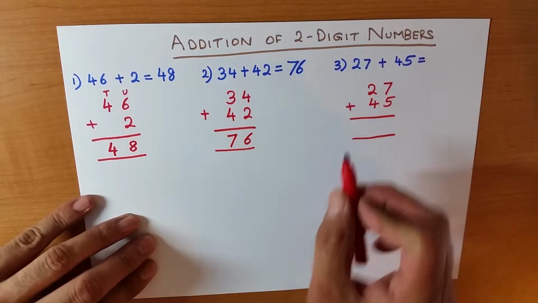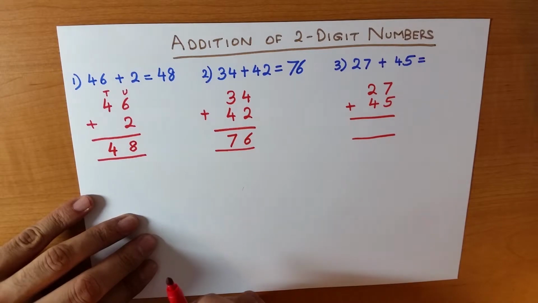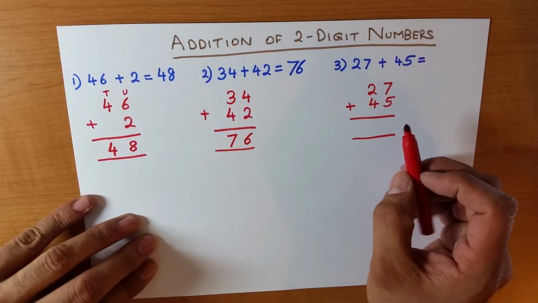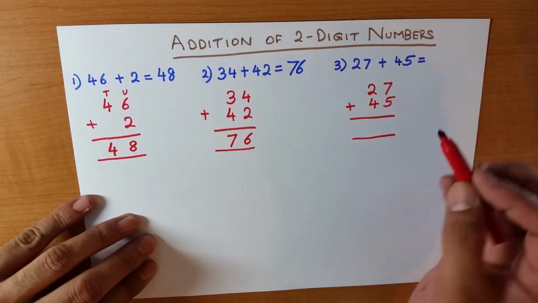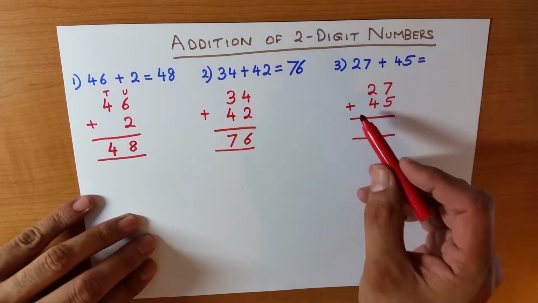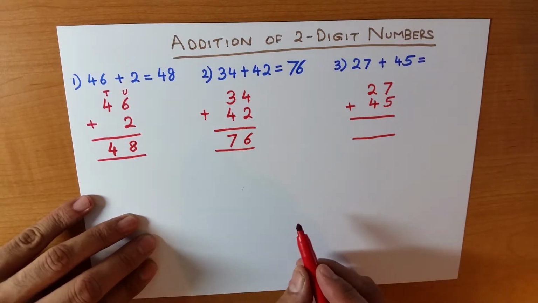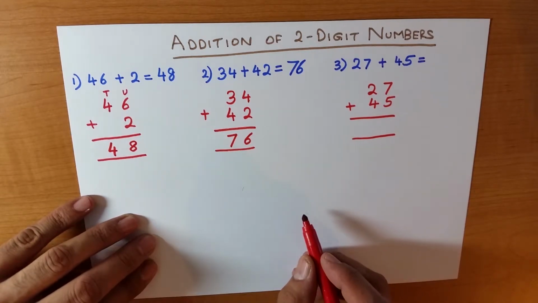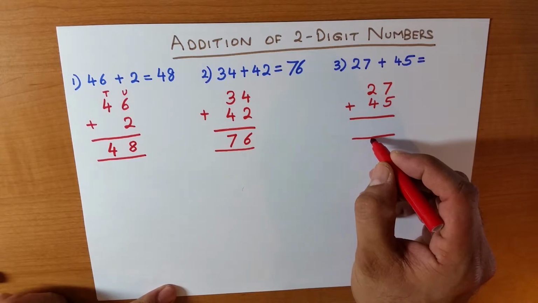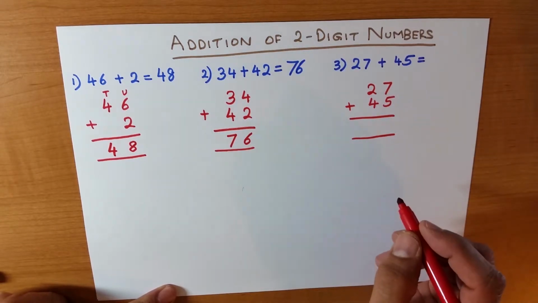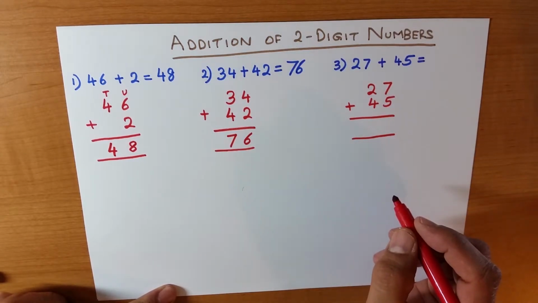Nice and neat straight columns. That is the key to this. So let's add the units column first, the column on the right hand side. What is 7 plus 5? That's right, the answer is 12. How do we write 12 in the vertical format?